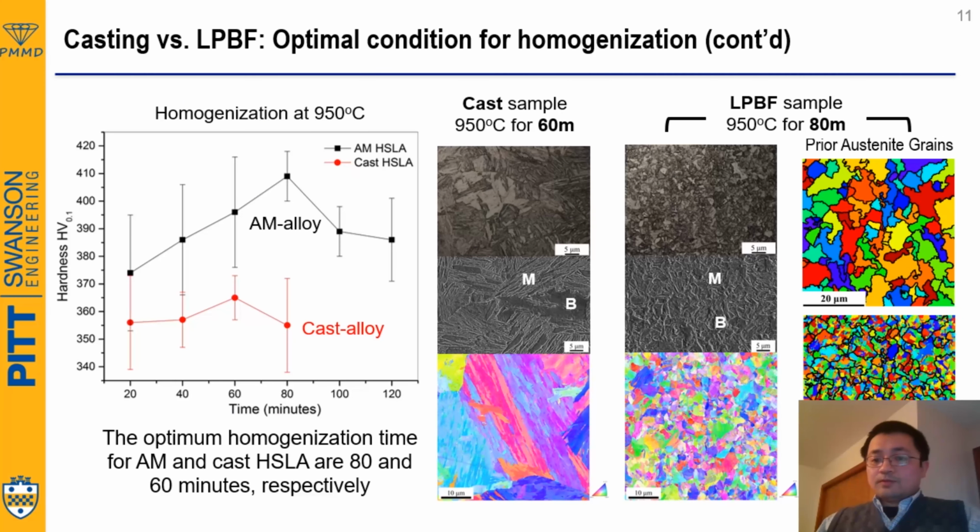If you check the microstructure, you can see the difference as well between the casting alloy and the additive manufacturing alloy. And the grain size again for the additive manufacturing one behaved quite differently from the casting alloy. That means we need a different post-heat treatment schedule for the additive manufacturing sample, even though the composition of this alloy is probably still the same as the traditional casting or welding alloy.